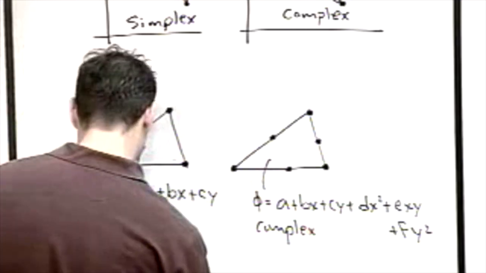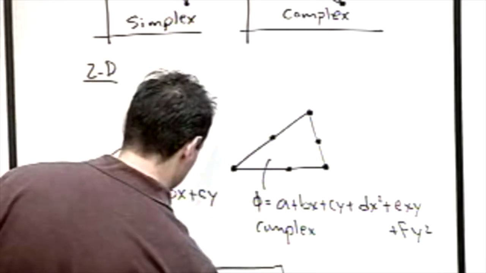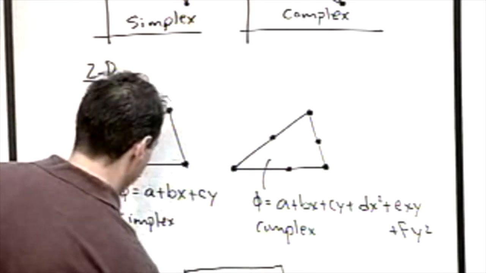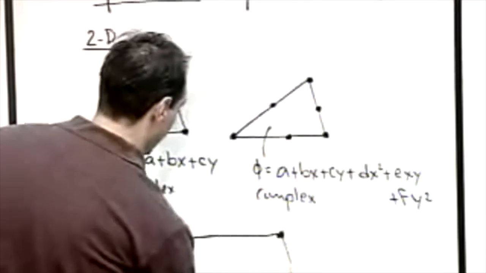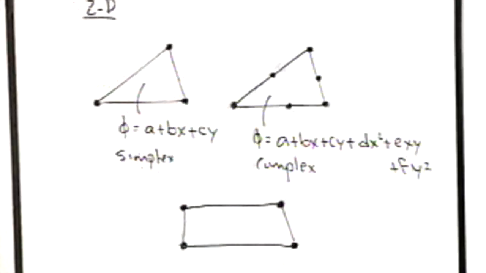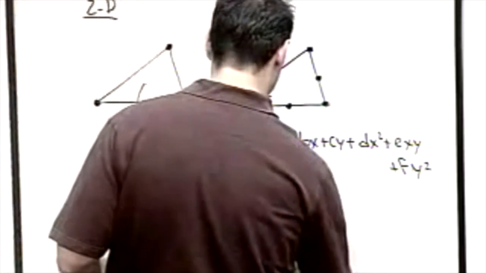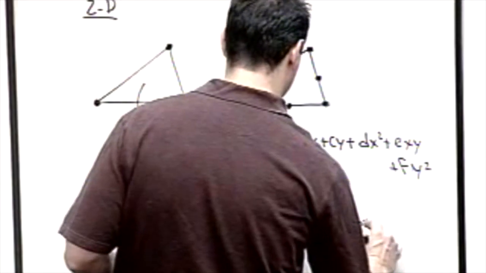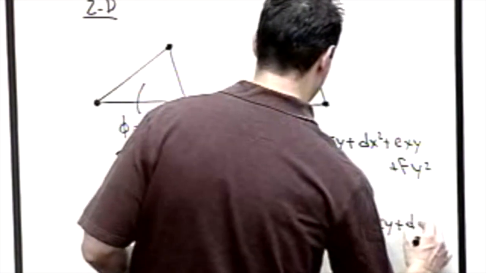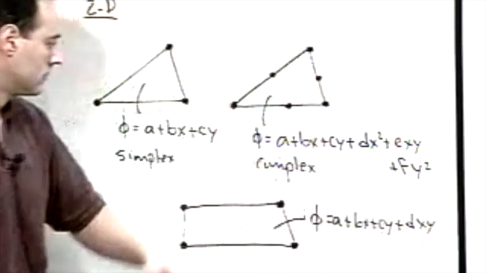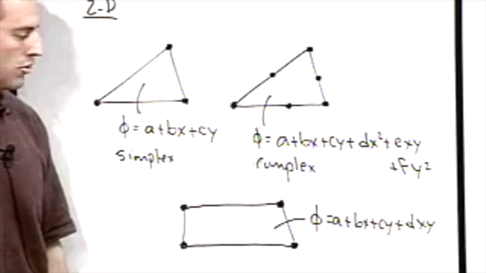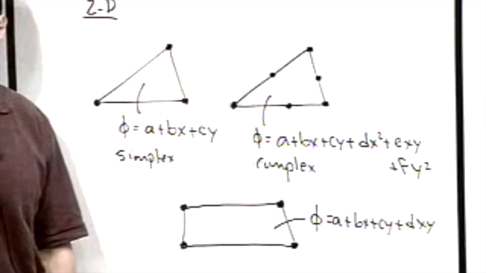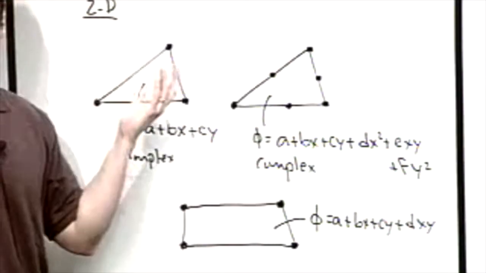Finally, a multiplex, a place where you watch a bunch of movies. So it's something like that. 4 points, and you try to do it as simply as possible. And you use A plus Bx plus Cy plus Dxy. Okay? That's your multiplex elements. So you have a choice to make when you do this.